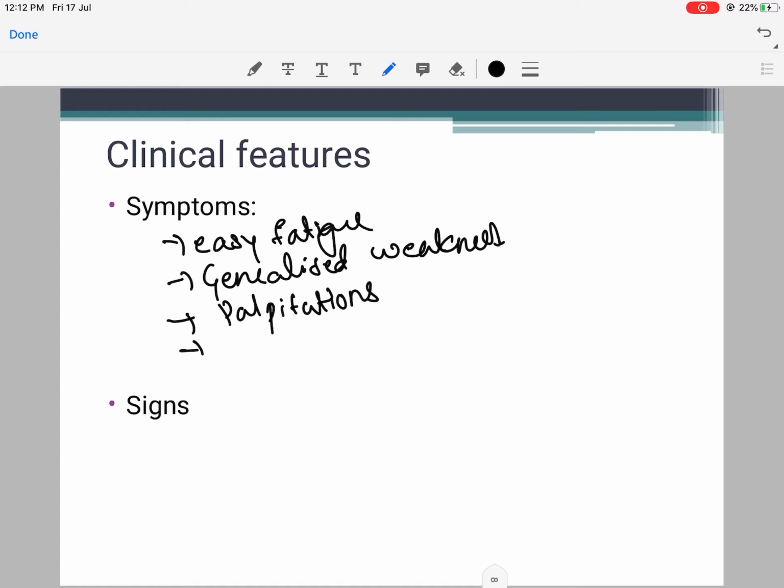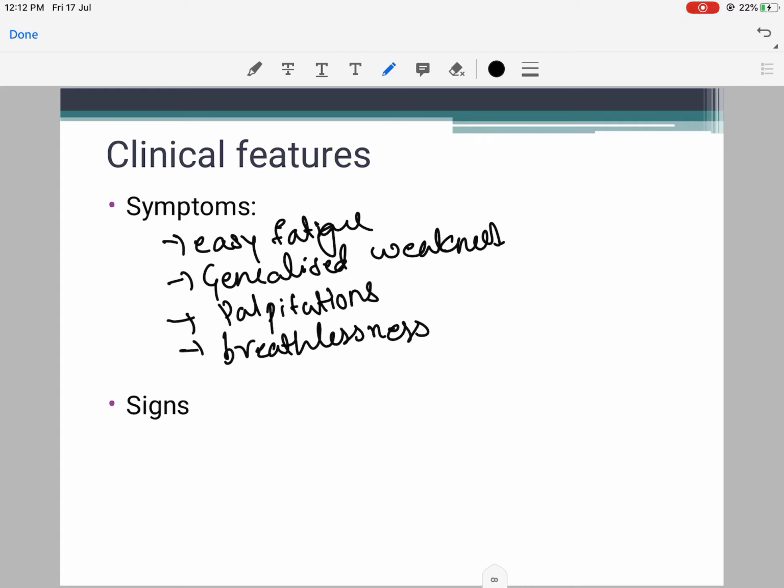As oxygen supply to the organs is reduced, the body will try to increase oxygen absorption. This can be done by increasing the rate of breathing, which might result in breathlessness.